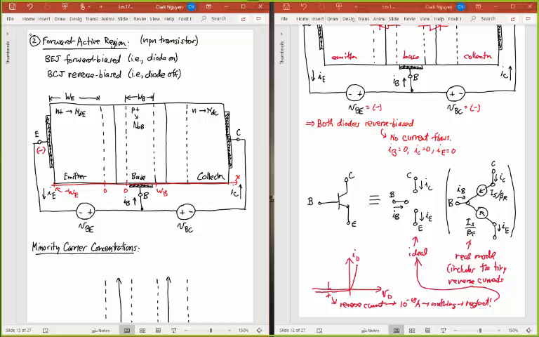So I still have my positive voltage on my base, but now, in order to forward bias this, VBE in this case I make positive. This VBC, I'm making negative here.